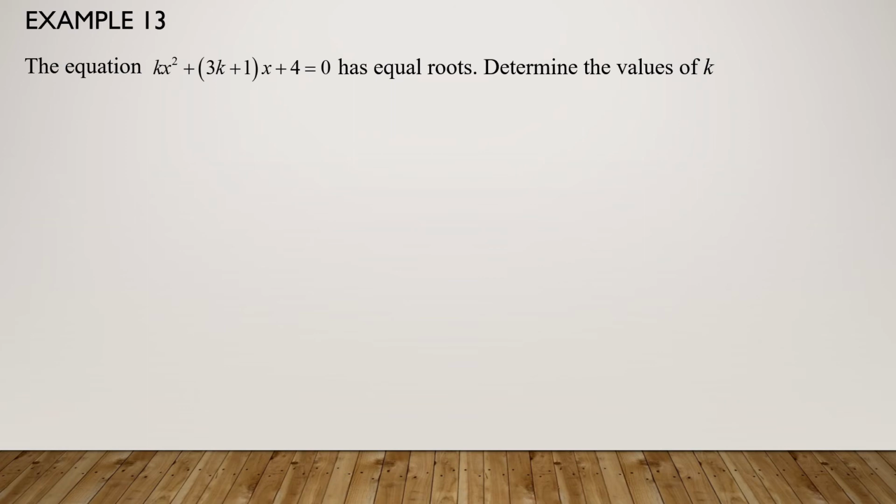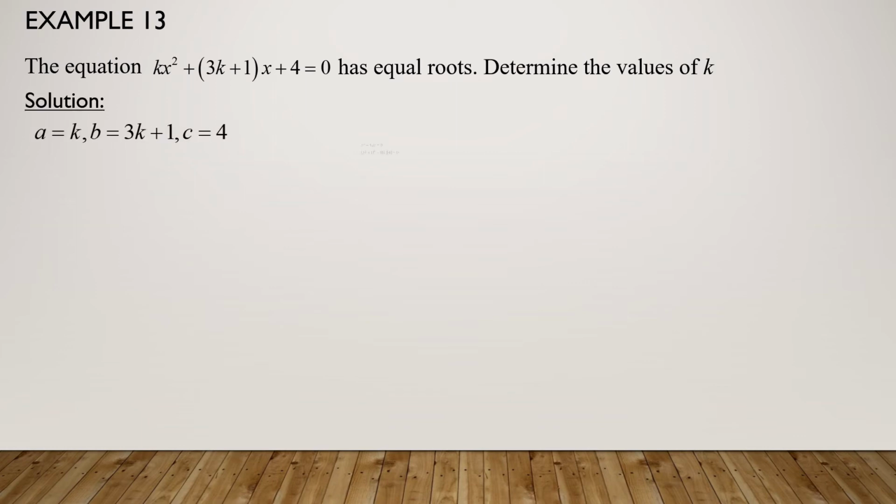Example 13 here will show us the reverse type of question that we have seen in example 12 just now. The equation kx squared plus (3k plus 1)x plus 4 equals to 0 has equal roots. So as we can see, it gives you a quadratic equation and it gives you also the type of root which is an equal root.